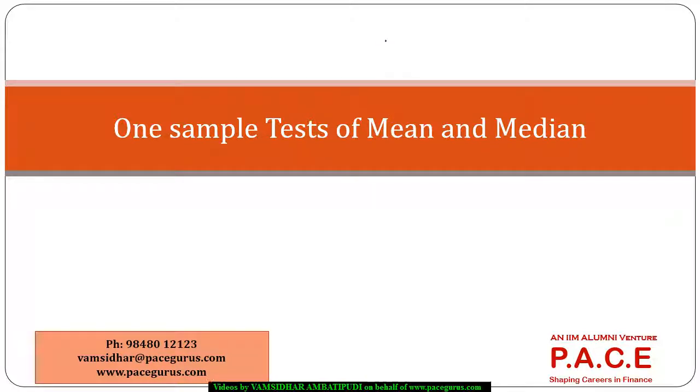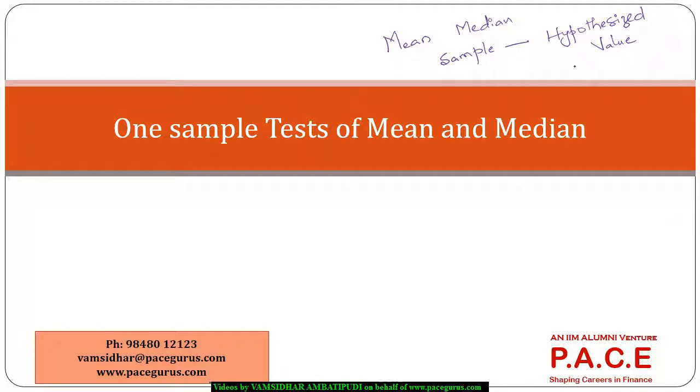In this session, I'm looking at comparisons of the means and the median of a sample of data with some kind of hypothesized value. We have taken a sample.